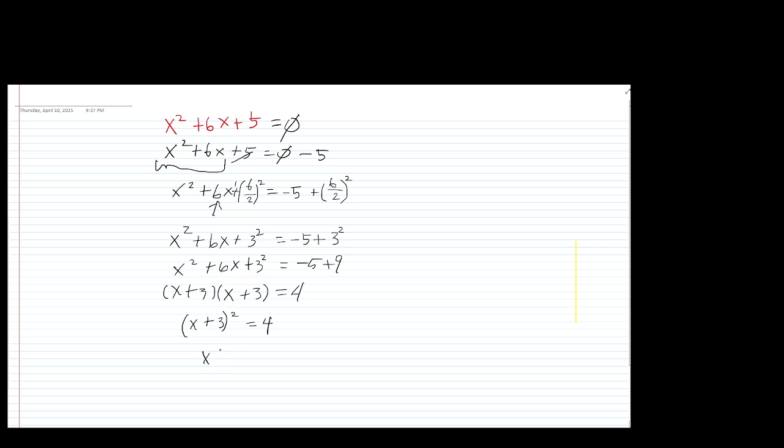Look, x plus 3, and the other side becomes plus or minus the square root of 4. That's a weird step. You get the plus or minus operator. Basically, it's a shorthand notation for saying that you have a positive version of this square root of 4 and a negative notation.